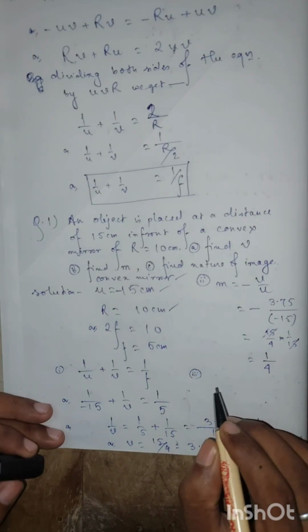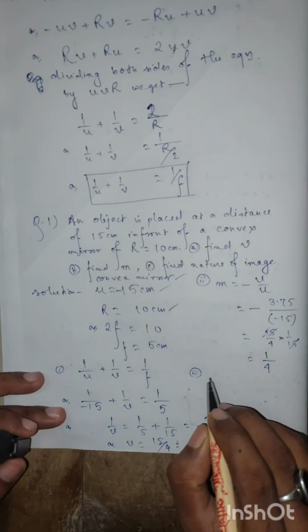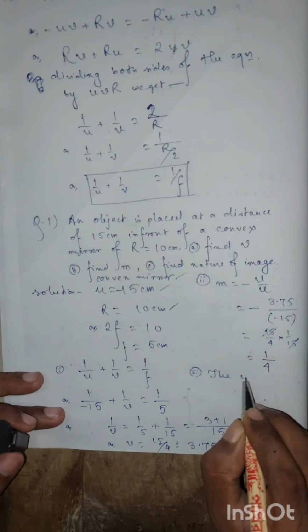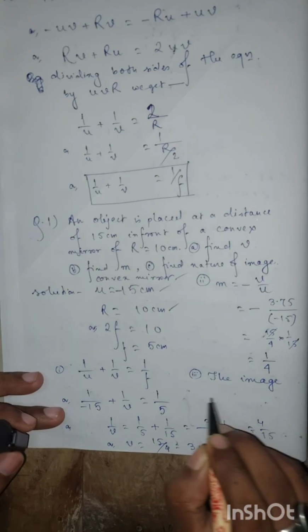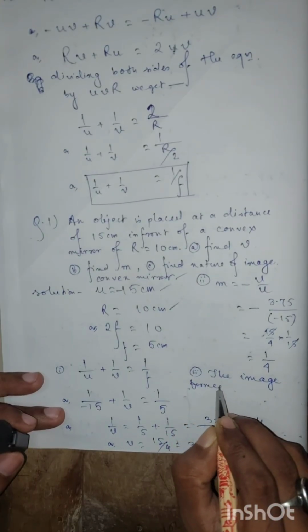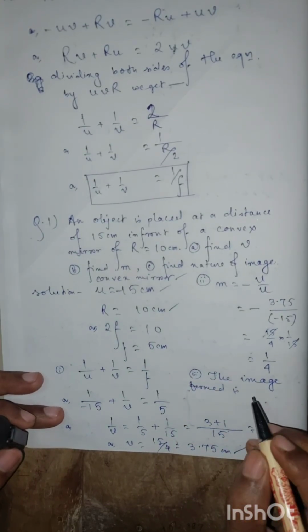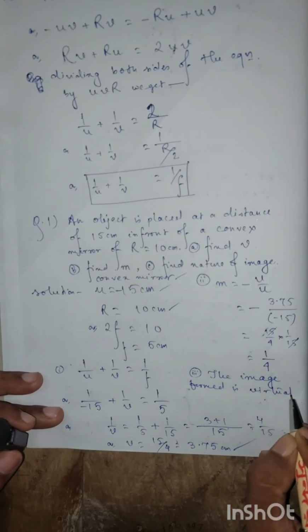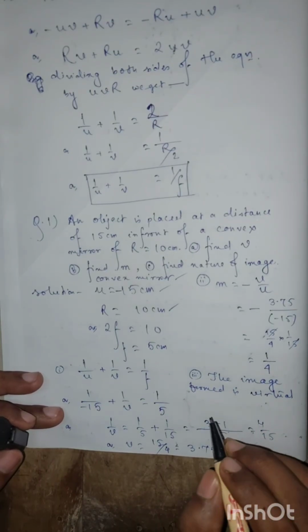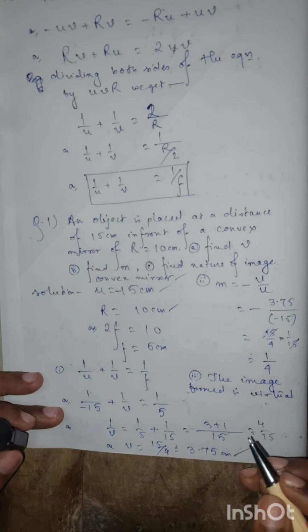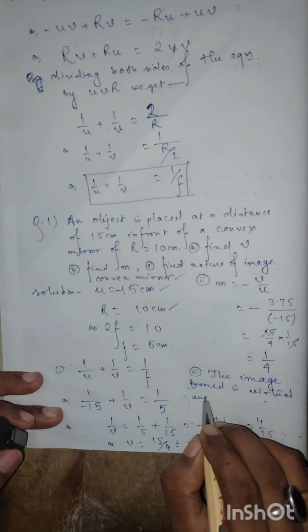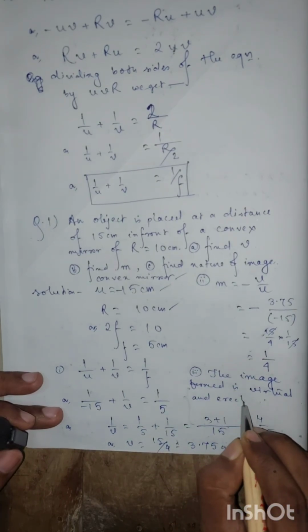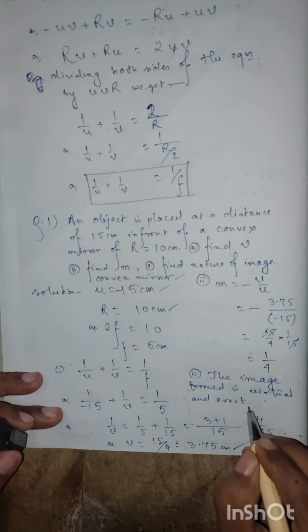In case of a convex mirror the image formed is virtual and erect. This is part 3 of the question.